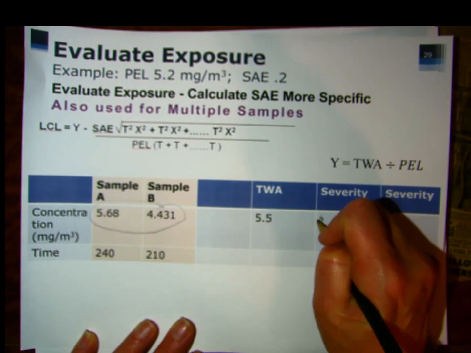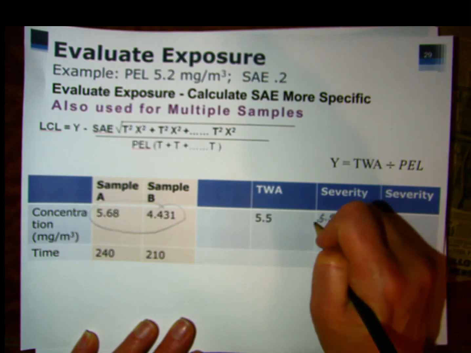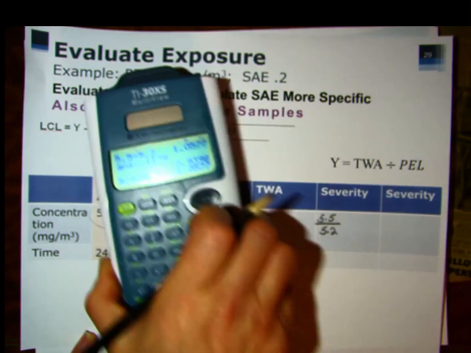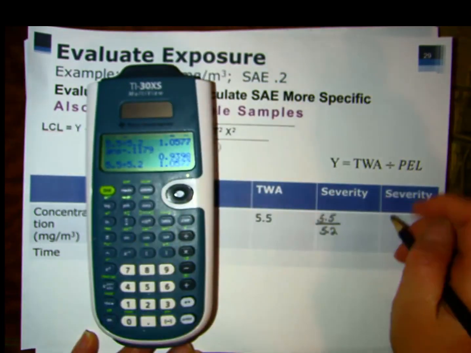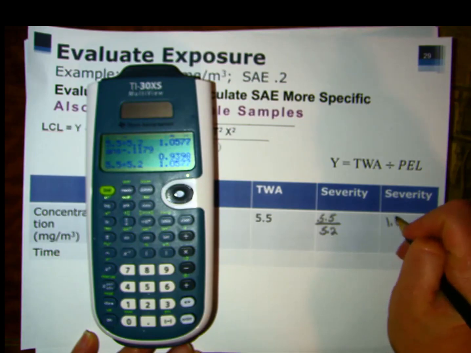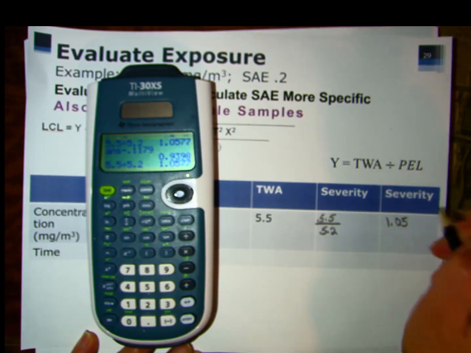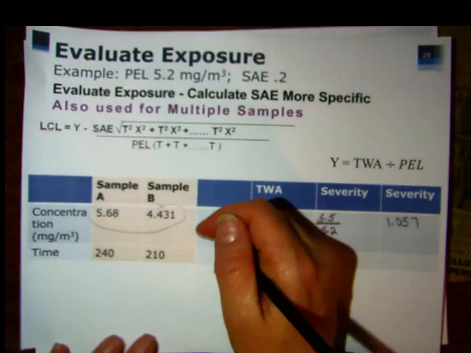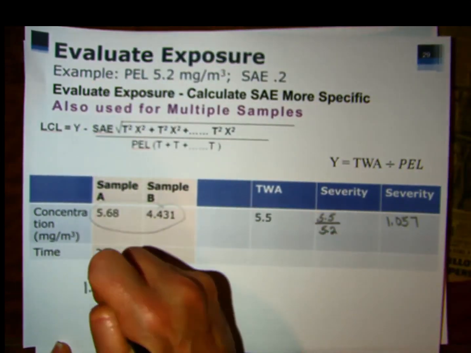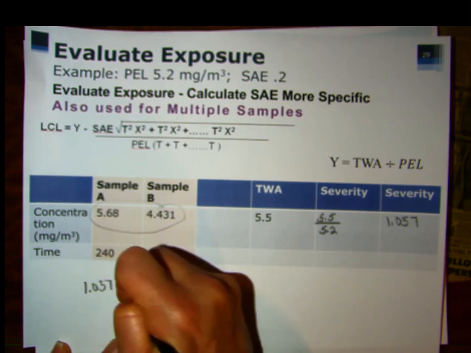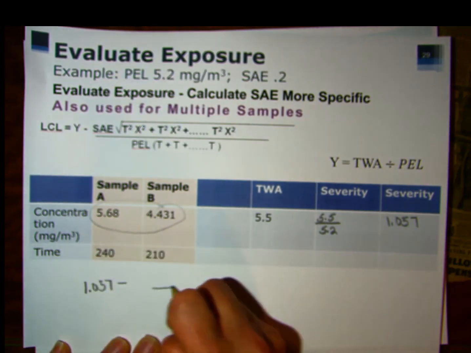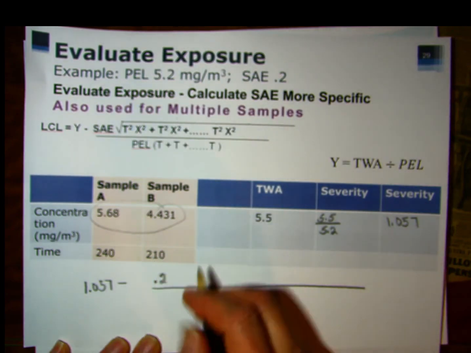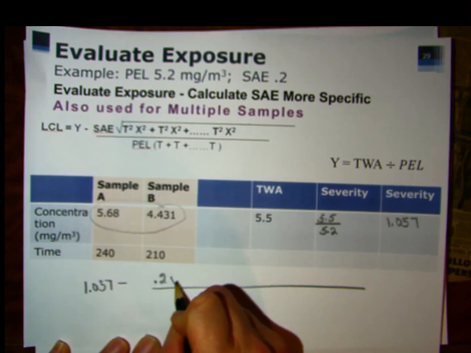Our severity is our time-weighted average divided by our PEL, which gives us a severity of 1.057. So our severity is 1.057 minus our standard analytical error, which is 0.2. Again, we got that from the lab.